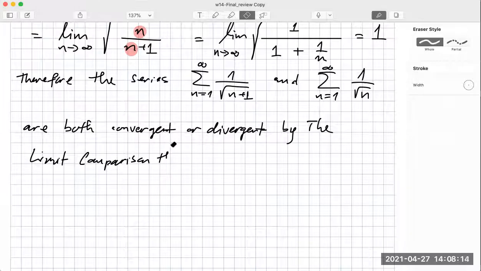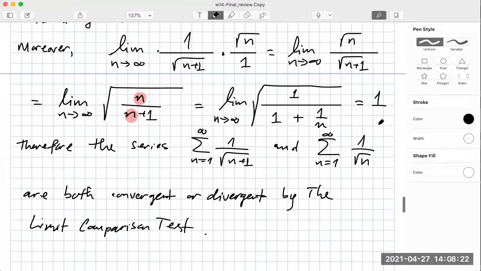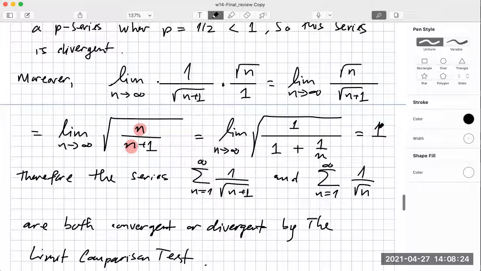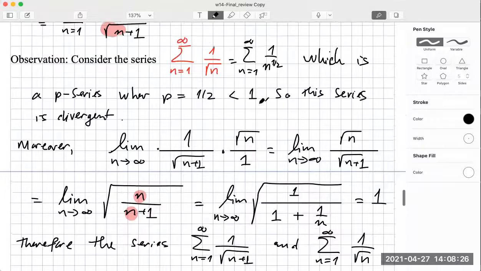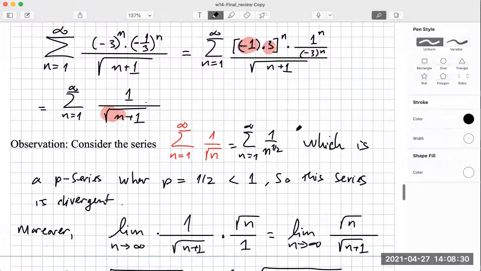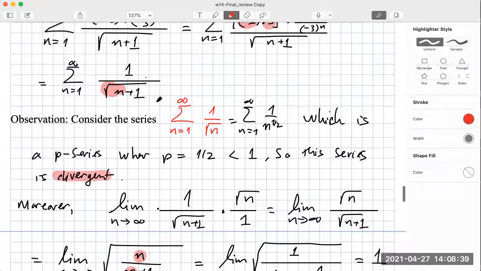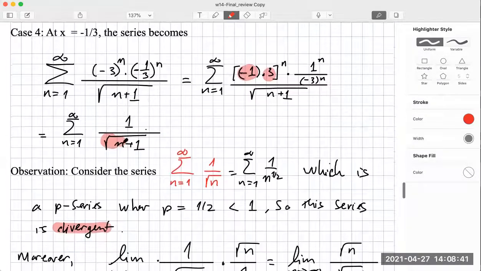By the limit comparison test, right? If the limit is equal to a constant, then they are both convergent or divergent together. Furthermore, we have just proven that this guy is a p-series and it is divergent. Therefore we conclude that this series is also divergent, right?